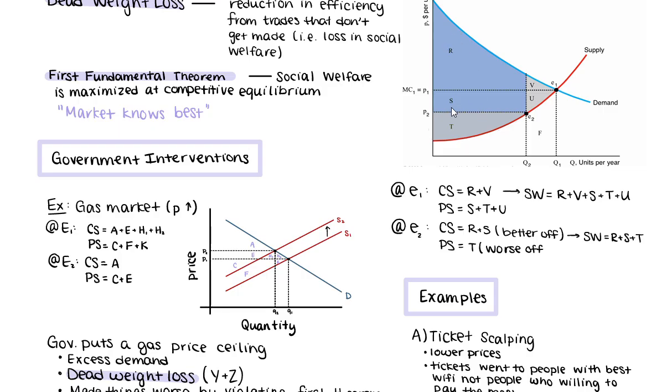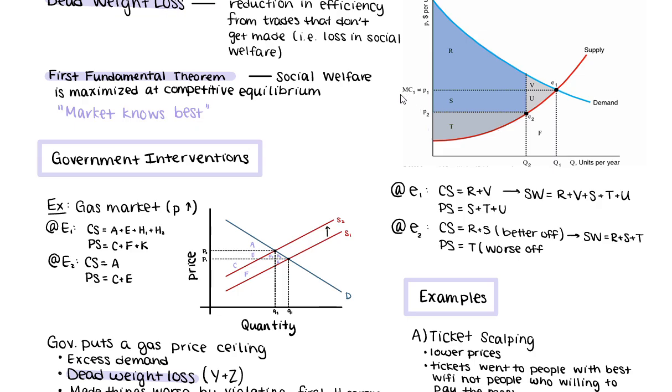Its area is R plus S, and the area S is obviously bigger than area V. But from the producer side, they aren't very happy because the producer surplus now remains T, so they are worse off. The total social welfare is R plus S plus T, and by this we can see that V plus U is deadweight loss. It's gone.